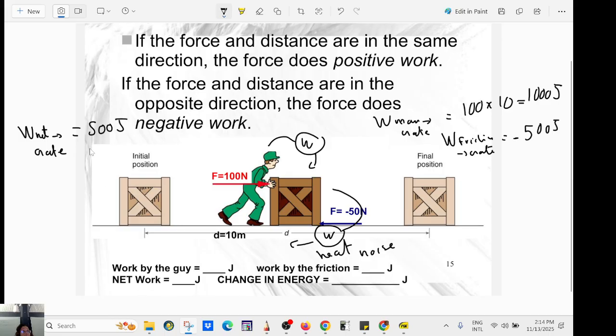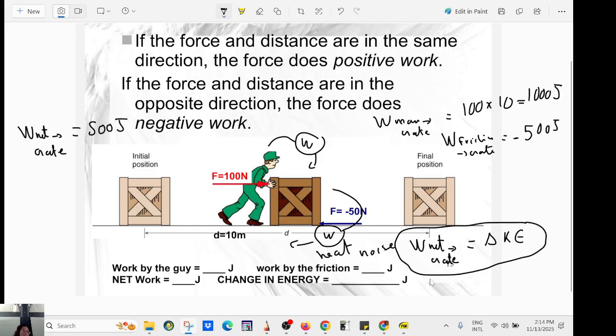That net work done on the crate will increase its kinetic energy. So we're going to say that the net work done on the crate equals the change in kinetic energy. So it's going to move faster.